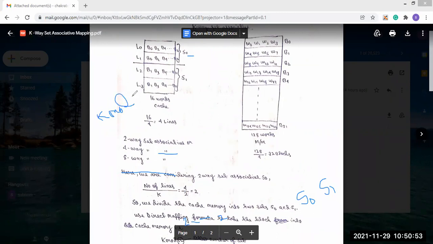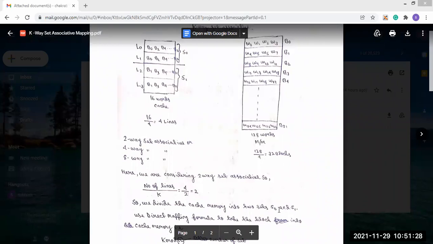In direct mapping, N specifies the line number. But that is the change in K-way set associative: in set associative, this N will specify the number of sets.